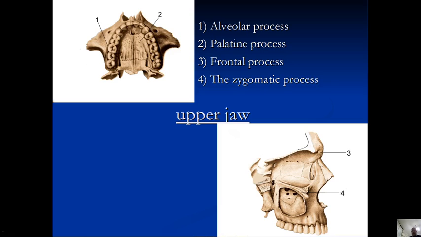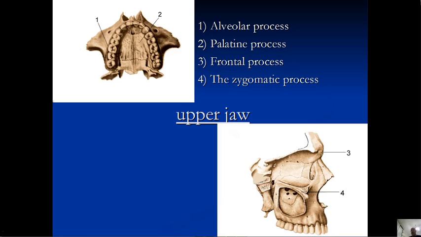The maxilla is firmly attached to the skull and so is immovable. You have a movable lower jaw, and this upper jaw is immovable. The maxilla carries the maxillary teeth. And there are several types of parts. This is the palatal process or palatal bones.